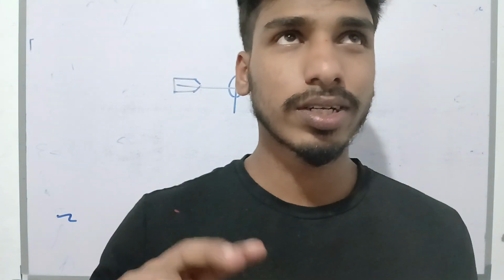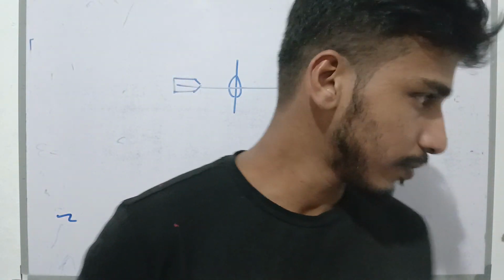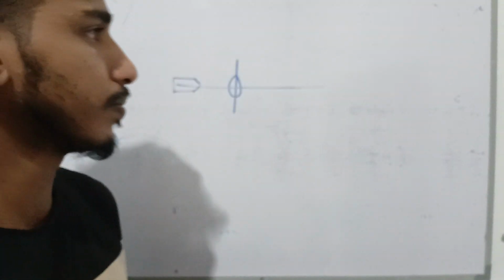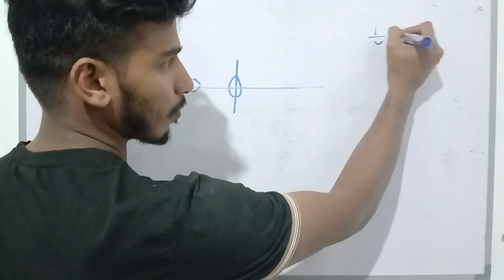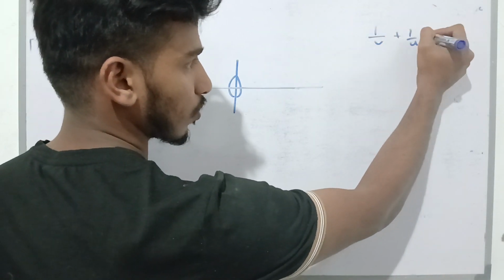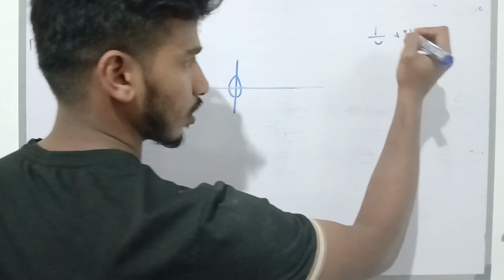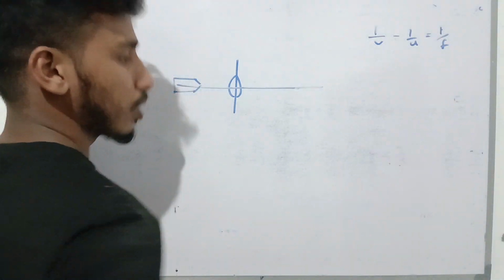So in here, you should remember some points. Actually, when I was teaching structures, I said that we have 1 over v minus 1 over u is equal to 1 over f. This is our general equation. Okay, let's forget about the sign convention.